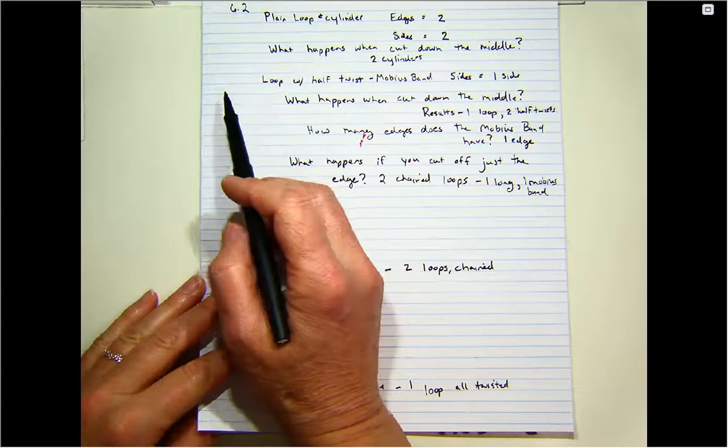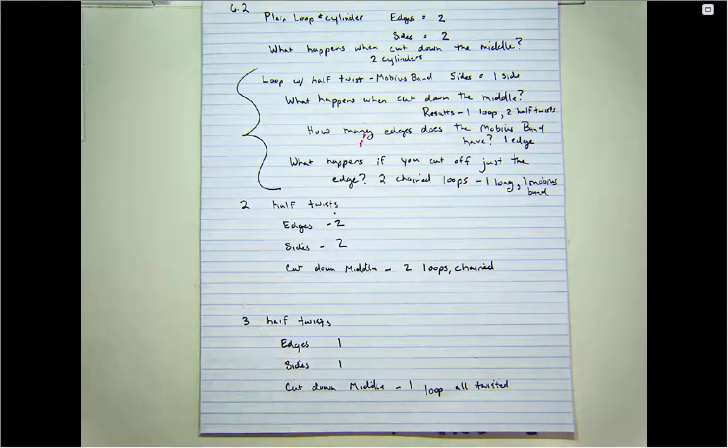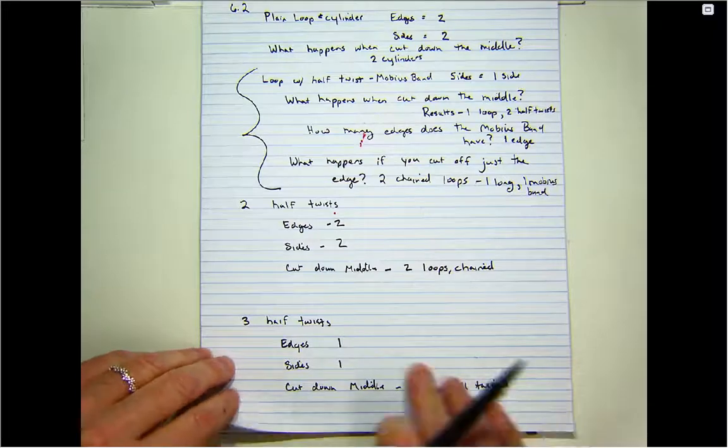So what we use most is the Mobius band out of all of these. So that's what we're going to spend more time investigating. Why do you get just 1 edge and 1 side when you add that half twist? And to do that, we use what's called an identification diagram.